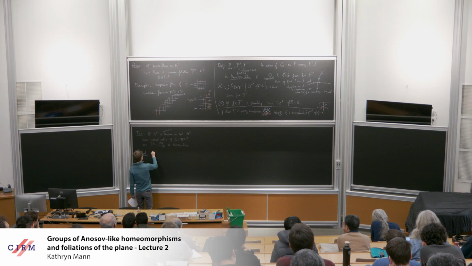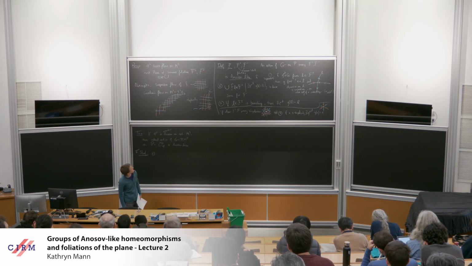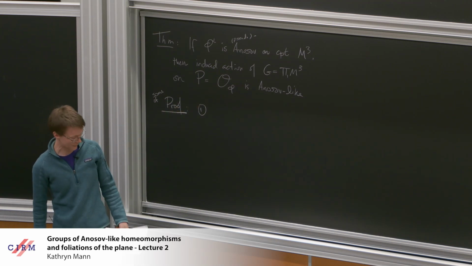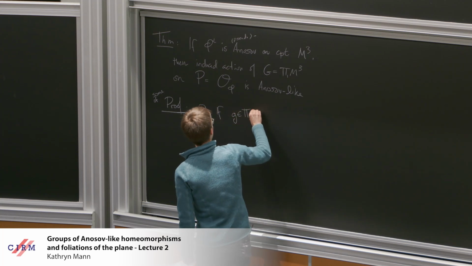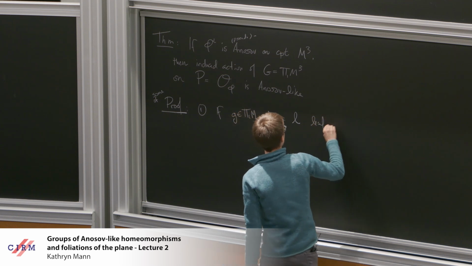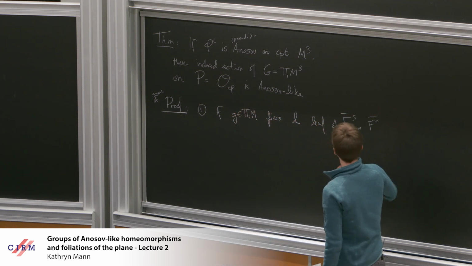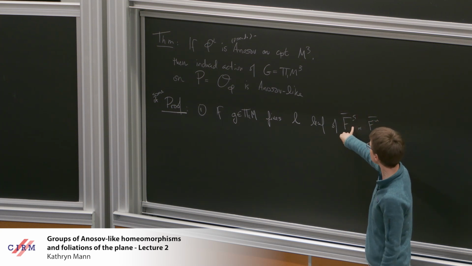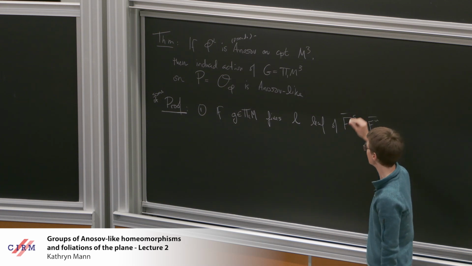So what do I have to do for the first thing? What does it mean for an element of the fundamental group to fix one of these leaves in the orbit space? So if G in pi 1 of M fixes a leaf L of, say, the stable foliation, maybe without loss of generality, I'll pretend it was the stable foliation. What does that mean? This was induced from the stable foliation in the universal cover of my 3-manifold, right?